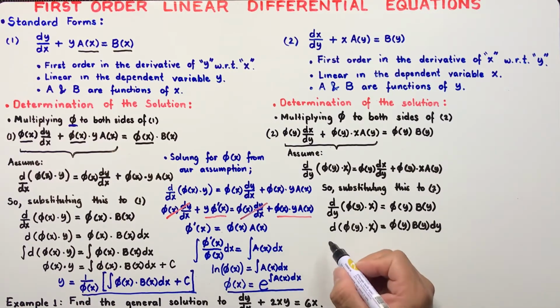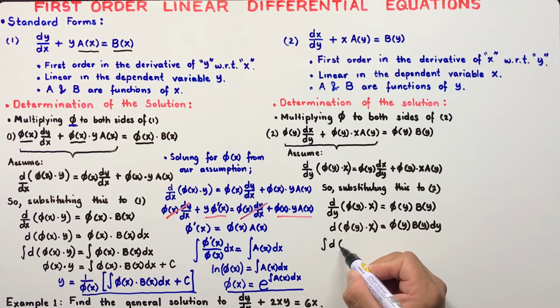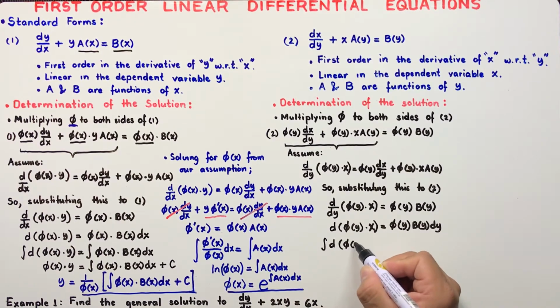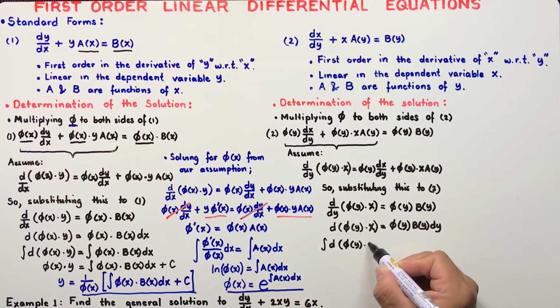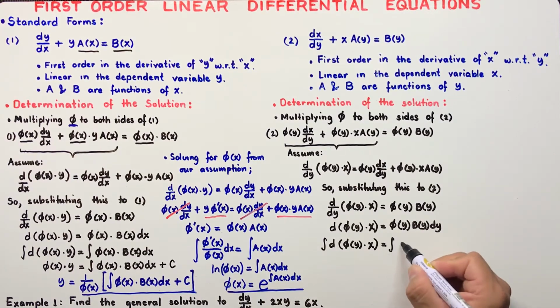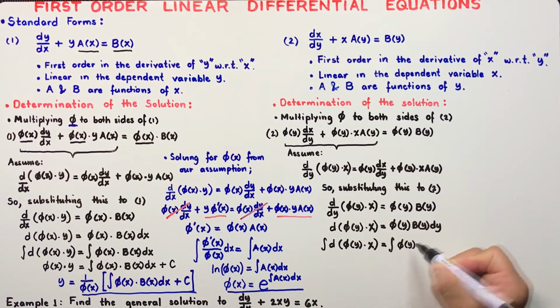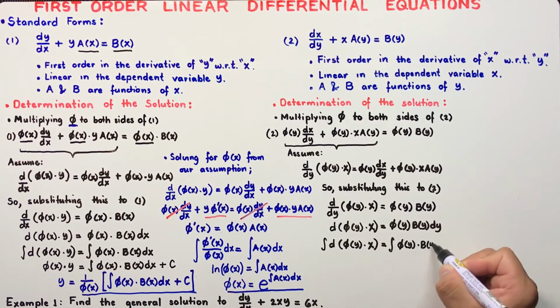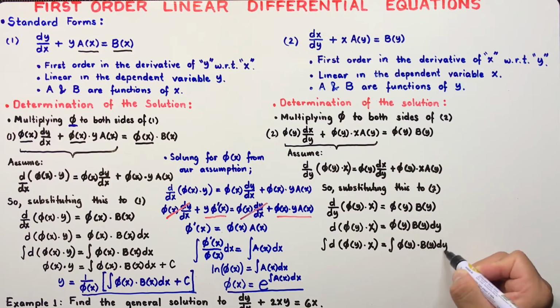And integrating both sides of the equation, we have the integral of the differential of phi of y times x, which is equal to the integral of phi of y times b of y dy here.